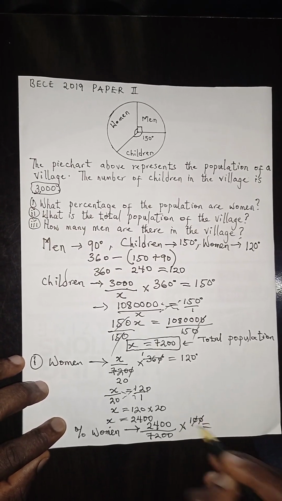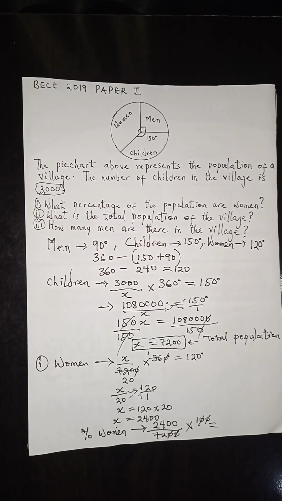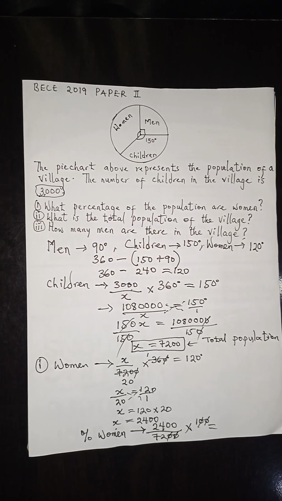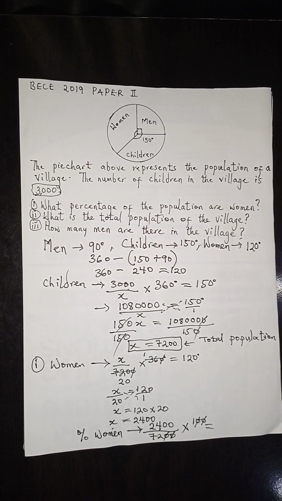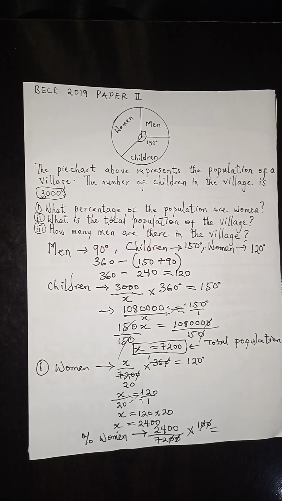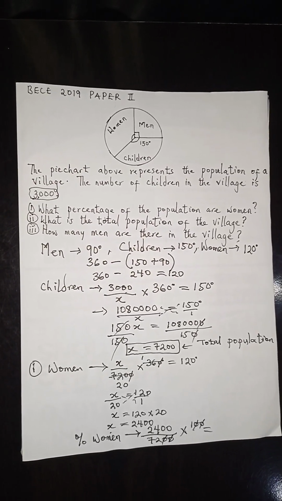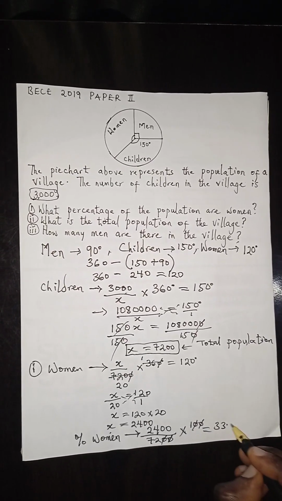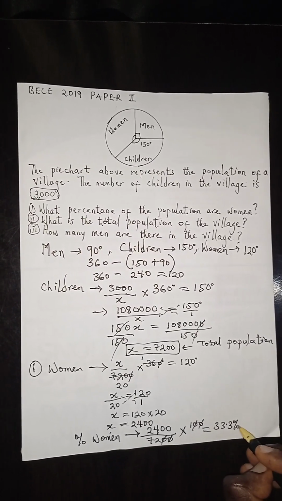So we have this. Now 2,400 divided by 72 gives us 33.3%.